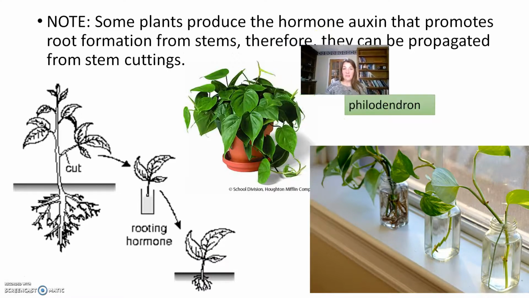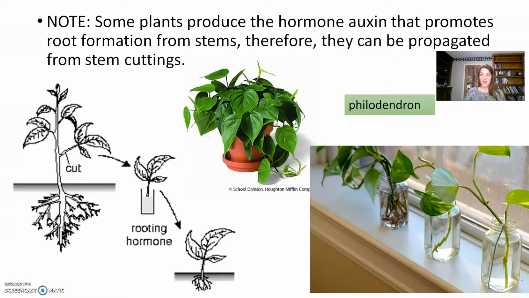Now let's talk about some things I want you to note. Some plants produce the hormone auxin that promotes root formation from stems. Therefore, they can be propagated from actual stem cuttings. Many of you probably have philodendrons in your house or have seen them at least in the store. What you can do is clip off a little stem, stick it in water, and then it can start producing its own roots. That's what they did over here in this experiment.